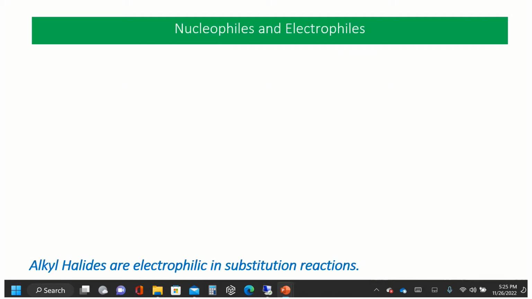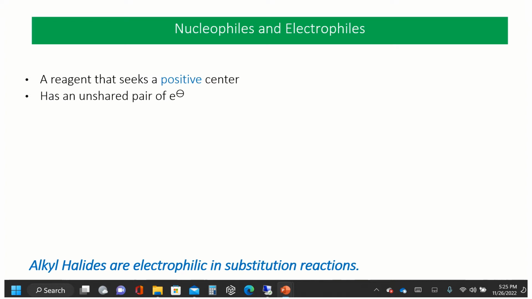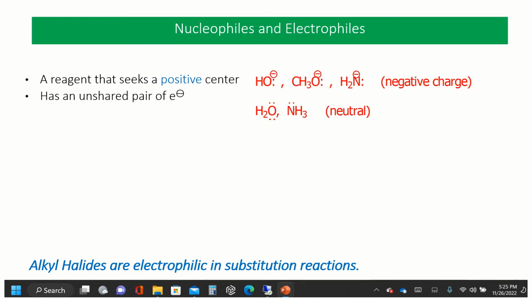Remind yourself that alkyl halides are electrophilic in substitution reactions. So the reagent that is seeking the positive center is called a nucleophile, and it has an unshared pair of electrons. And these would be examples of a nucleophile. So we're talking about a significant lone pair in this case.